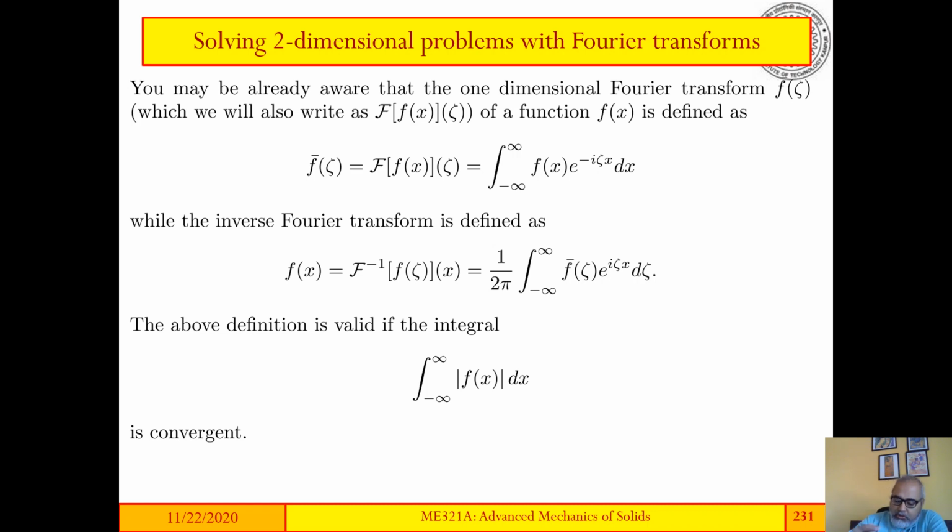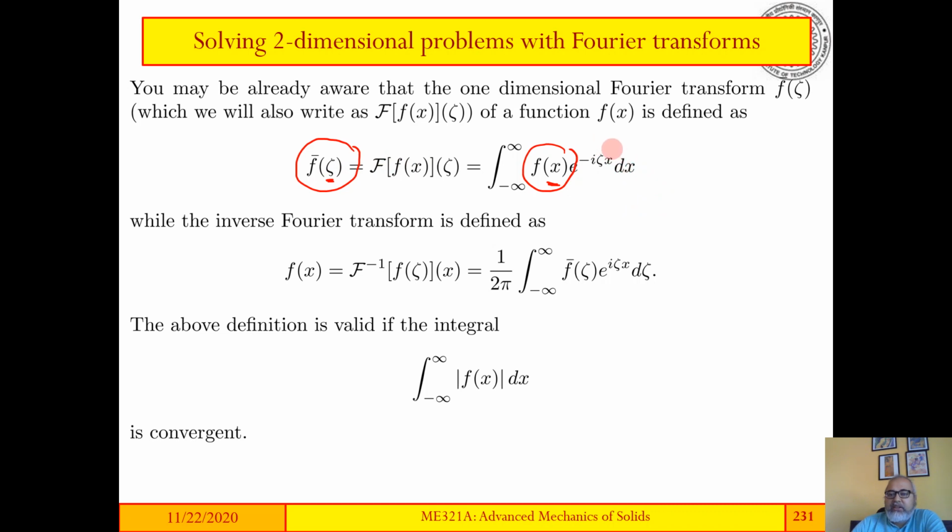the basic concept. So the way we are going to define Fourier transform of a function. So we have a function f(x) for which we define a Fourier transform. What Fourier transform does is it changes the domain of the function. So it takes it from domain x, which is from minus infinity to infinity, to a different Fourier variable zeta.